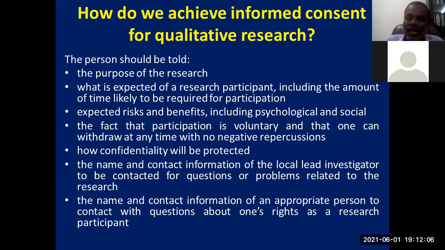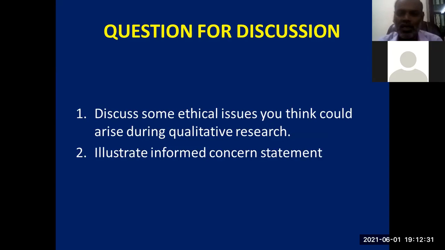Then the name and contact information of an appropriate person to contact with questions about one's rights as a research participant. Not just the data collector's contact details; the person doing the research also needs to be informed to the participants for future reference.